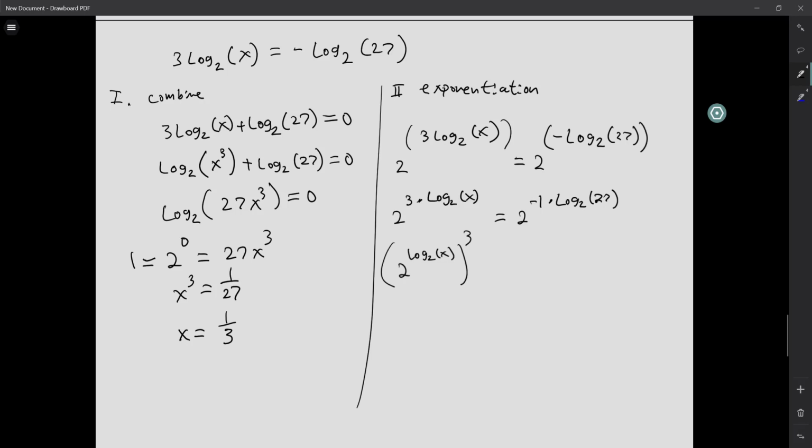I could have 2 cubed to the log base 2 if I wanted, but I want it this way because I can cancel them. And similarly over here I'll have 2 to the log base 2 of 27 raised to the minus 1 power, and those will cancel, giving me x cubed equals 27 to the minus 1 power, or 1 over 27. And then it's solved just like it is on the other side.